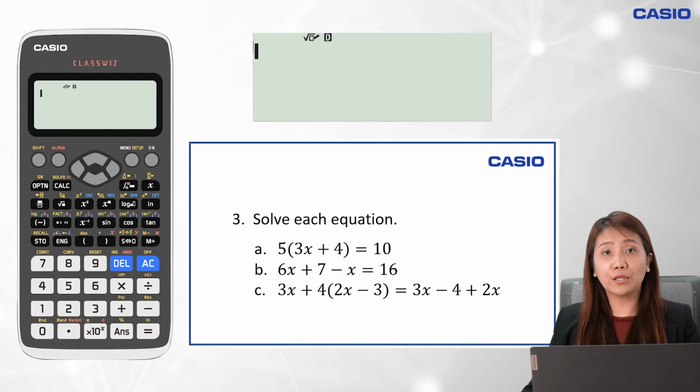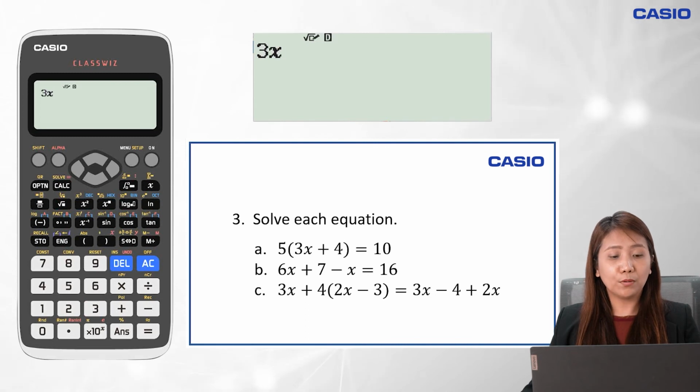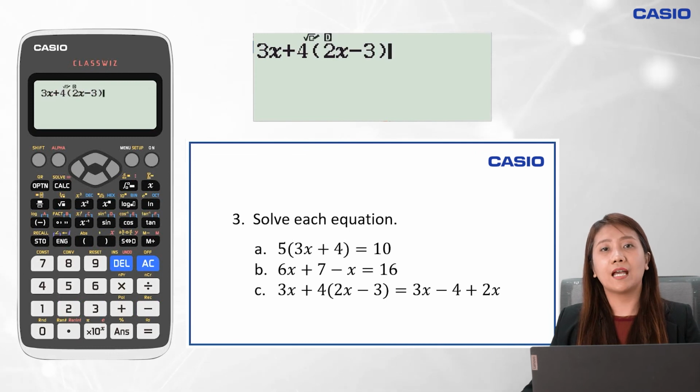To solve the third equation, we input the first side of the equation by pressing 3x plus 4. For the quantity, we have open parenthesis, 2x minus 3, close parenthesis.